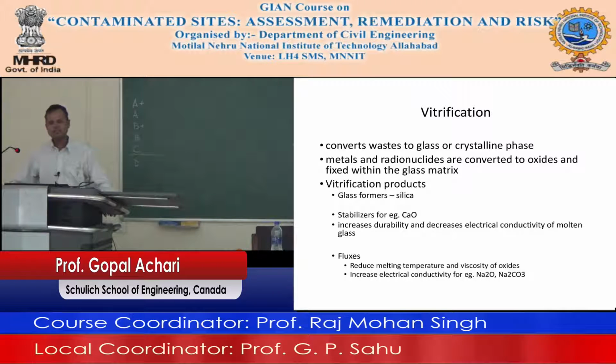You can do the melting by applying electrical current. In a site the size of this room, you'll put a graphite rod here, a graphite rod there, and so on, and you send in a very strong electrical current.